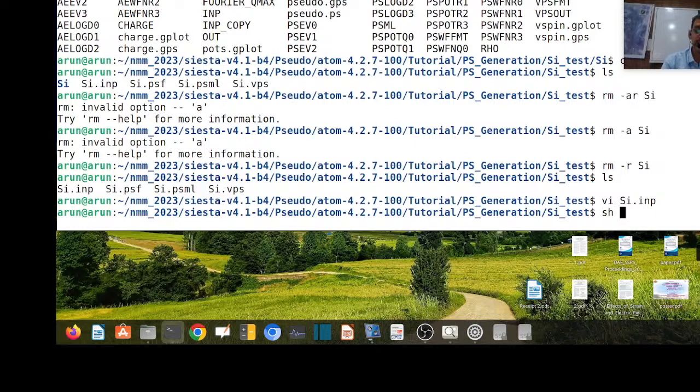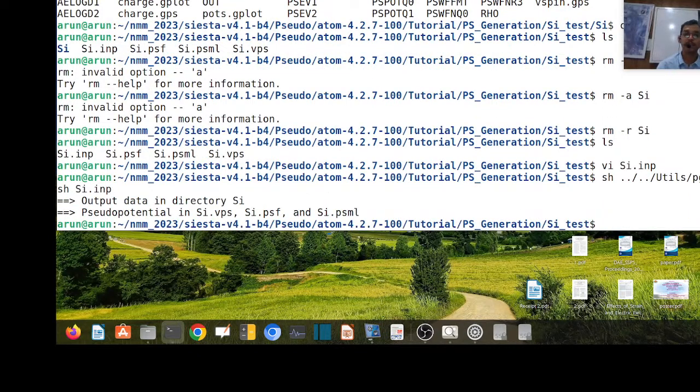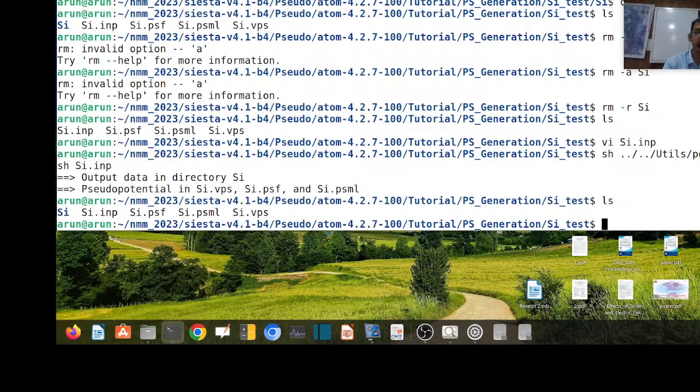So sh ../utils/pg.sh si.inp. Now here pg.sh remains the same, but PG changes inside the input. In place of PG, you have to write down PE. See, output data in the directory, this one. Let me see this first of all file, that si.psf.